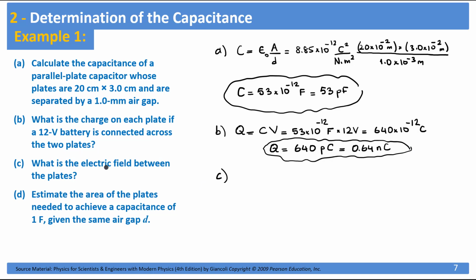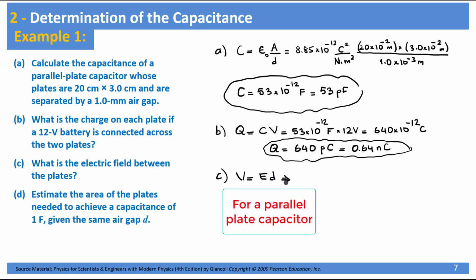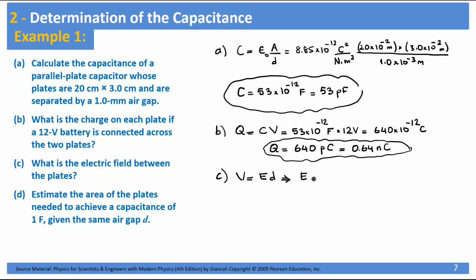In part C, it's asking us to calculate the electric field between the plates. Now, if you remember the potential difference or the voltage we found in the previous board, we found the voltage to be equal to E times D. So if you use this expression to calculate the electric field, what you're going to get is V over D, where V is 12 volts and D is 1 millimeter, or 1 times 10 to the minus 3 meters.